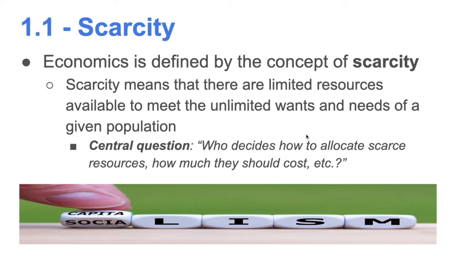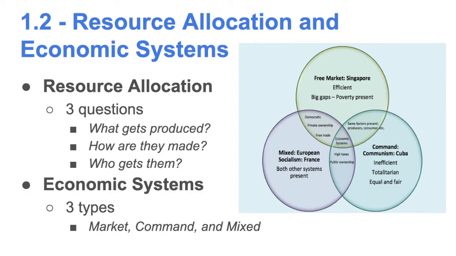So the central question becomes, who decides how to allocate all of those resources? How much should those things cost for all of us? And who should get what? Who answers those questions, and the answers themselves, determine what type of economic system we live in. So how do we deal with scarcity?